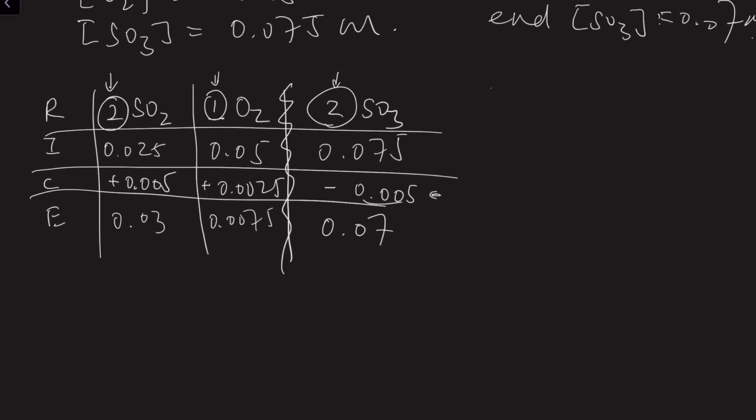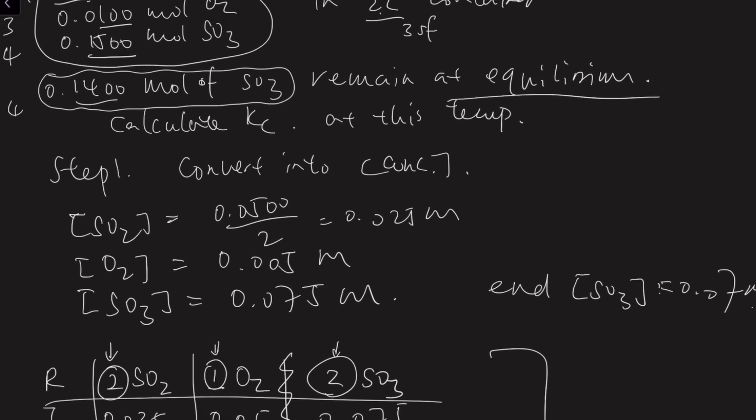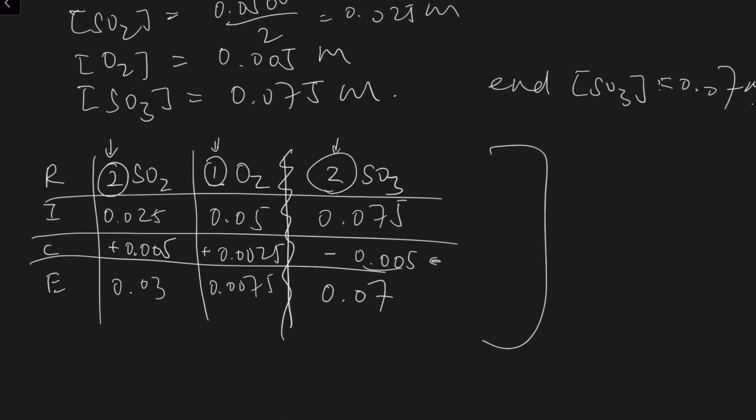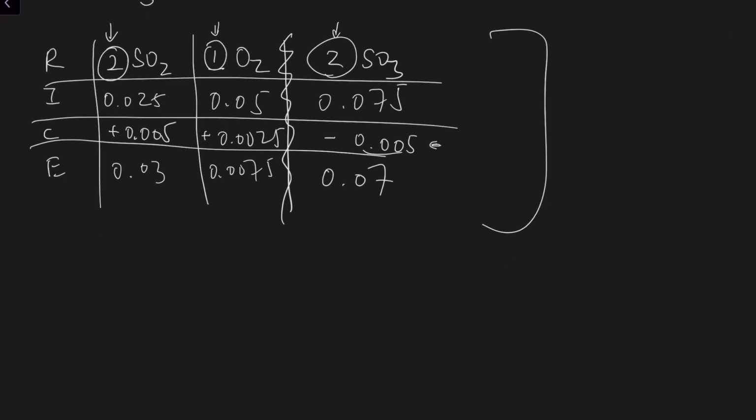And so many students just end here. But always go back to the question: what are they asking you to solve? They want you to calculate the concentration equilibrium constant. So Kc, remember, is just a special name for your concentration fraction at equilibrium.